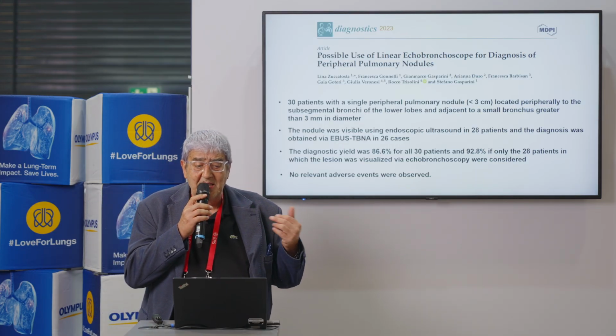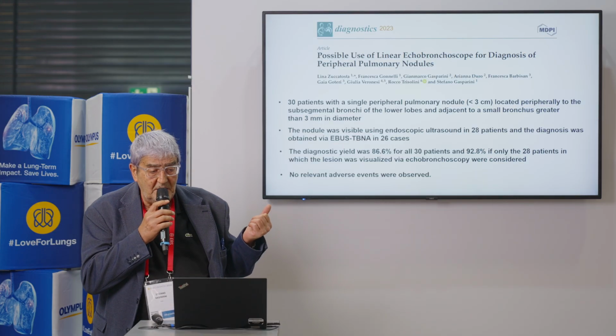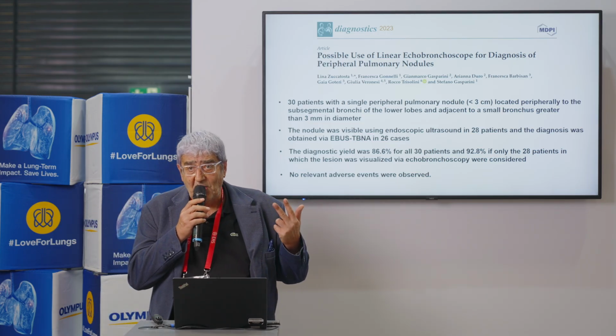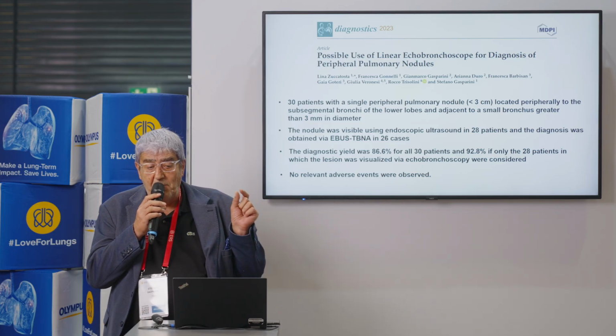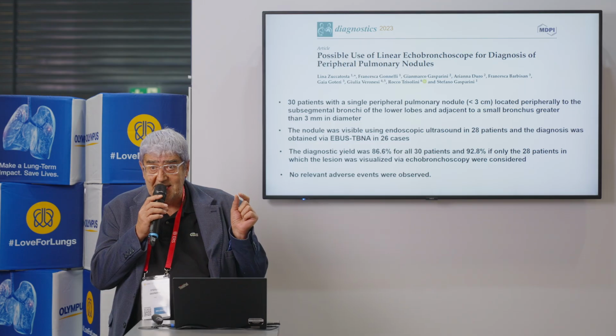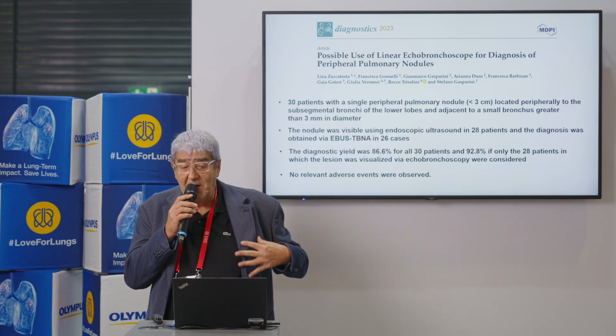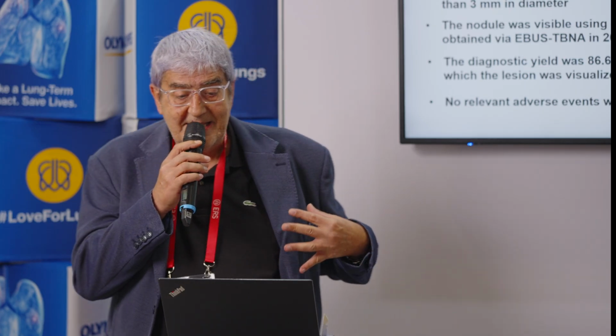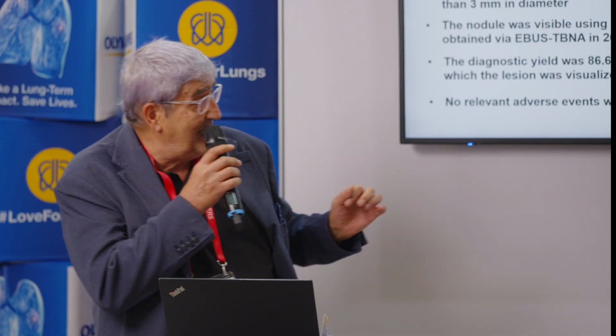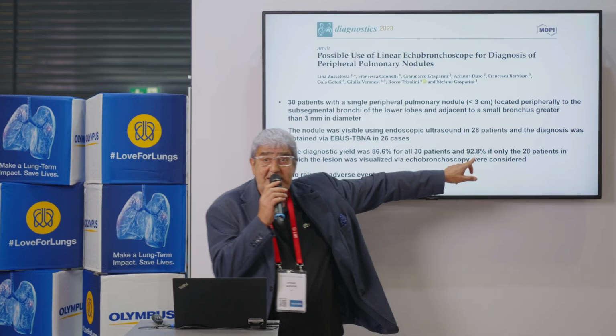We published the results in this paper. The first 30 patients with a small pulmonary nodule, less than 3 centimeters, in the lower lobe. And you can see that the diagnostic yield was 92.8%.